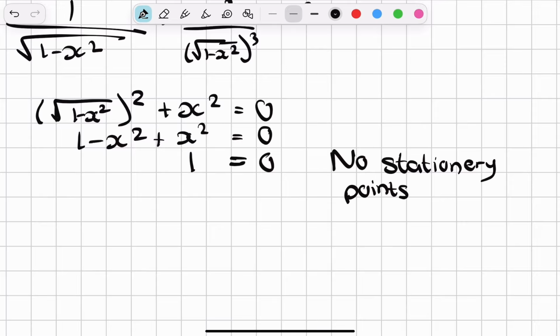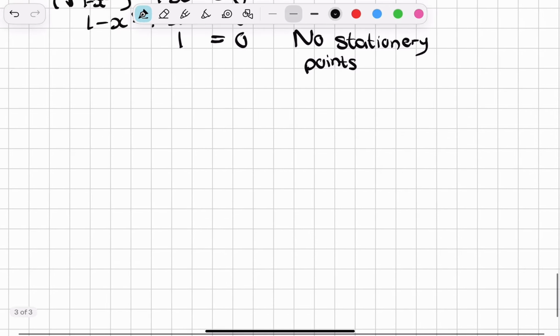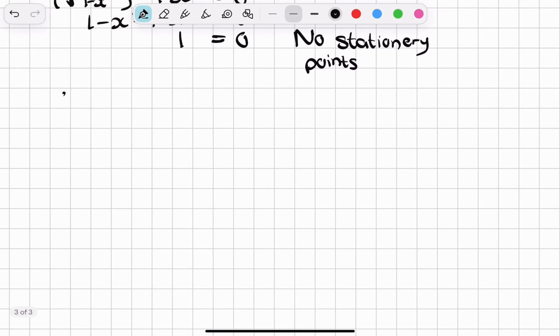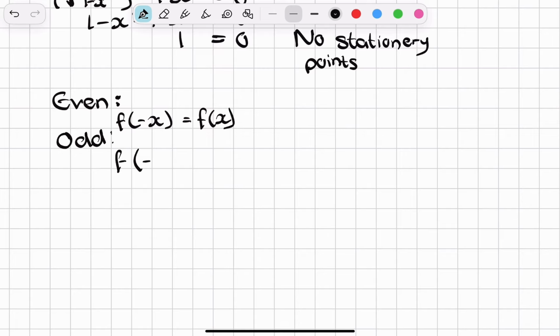The last thing to consider now is whether this is an even or odd function. Well, an even function is defined as when f of minus x equals f of x, and an odd function is defined as when f of minus x equals minus f of x.